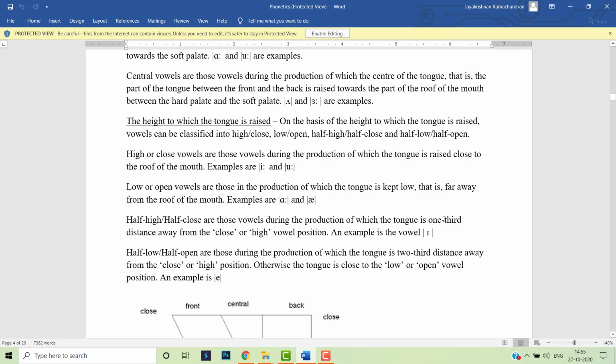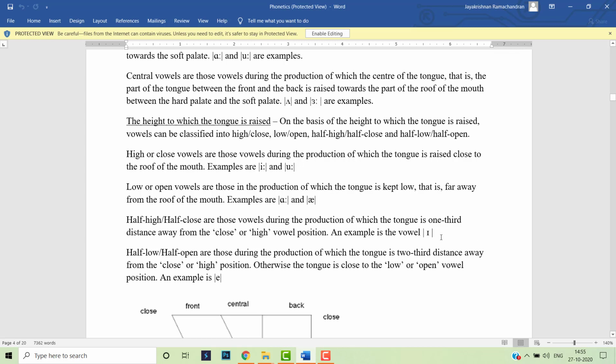That is, if you raise it that 1/3 height, it will come to the high position. But to pronounce half high or half close vowels, we don't need to raise the tongue that much. You can be 1/3 distance away from high or close vowels. So half high or half close vowels are those vowel sounds during the production of which the tongue is 1/3 distance away from close or high vowel position.